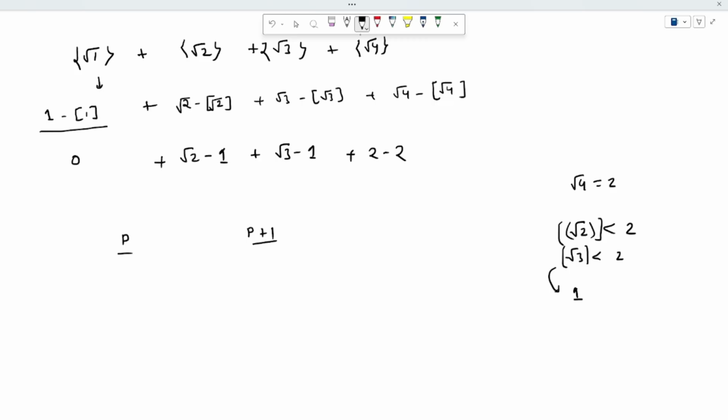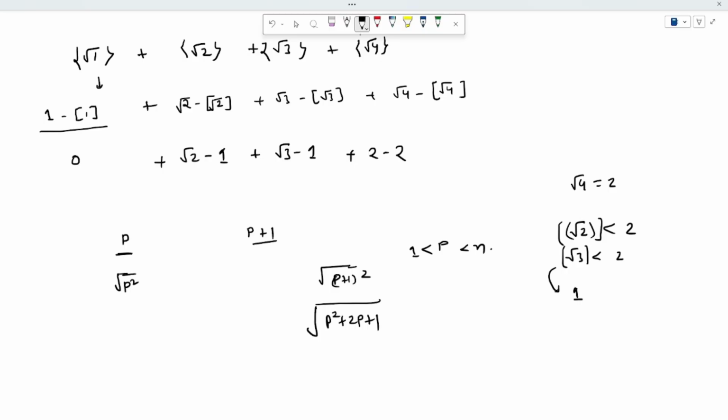Integer p is anything from 1 to n, or we can say it should be n minus 1, but just take 1 to n. Now if we take the square root of p square, it comes out to be p, and the square root of (p plus 1) square, which is p square plus 2p plus 1, comes out to be p plus 1.